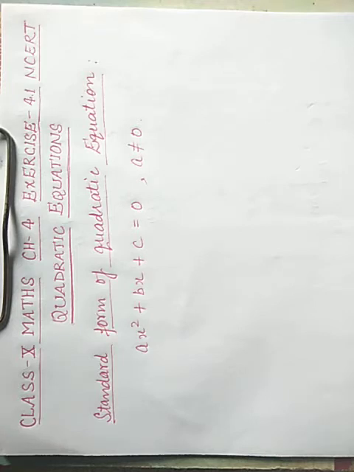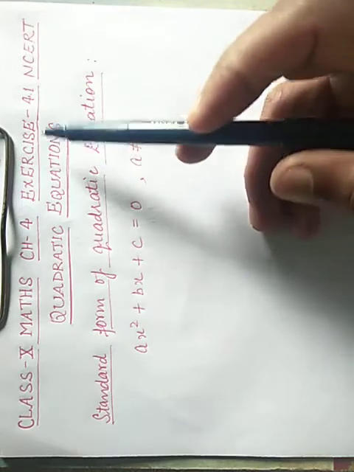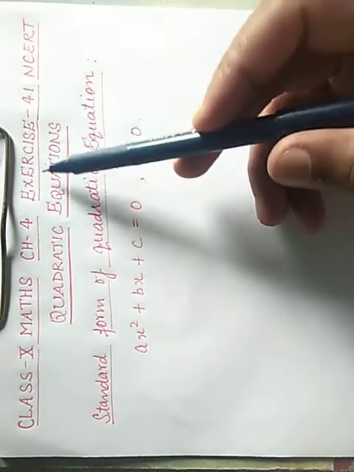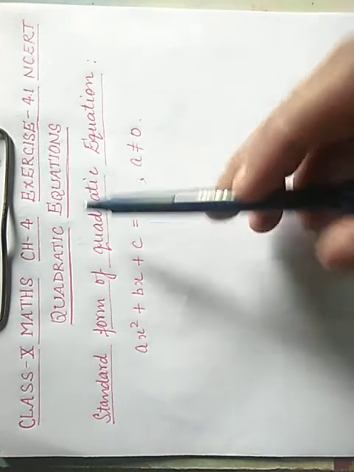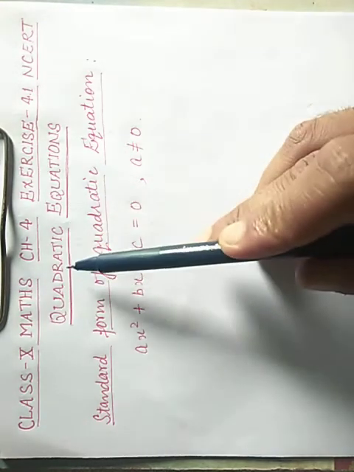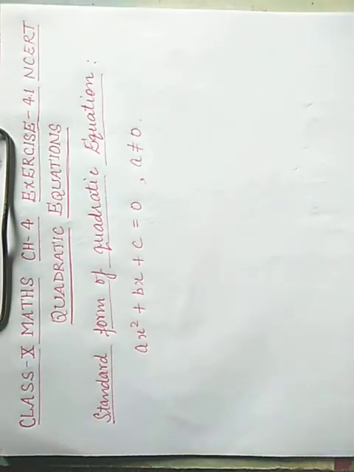Dear students, I am here with class 10th mathematics chapter number 4, quadratic equations, and today we will start exercise 4.1. Okay, so students, first of all we have to understand what is a quadratic equation.